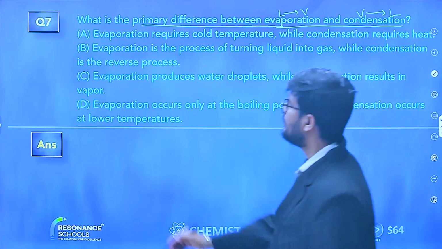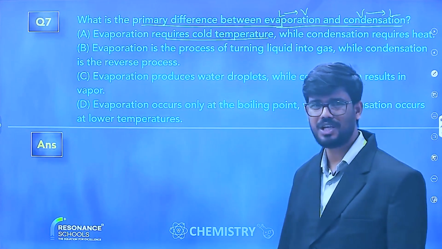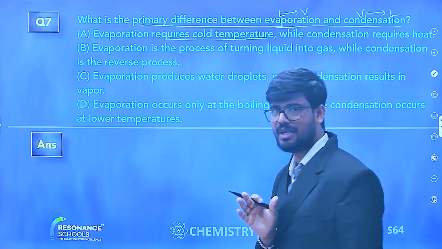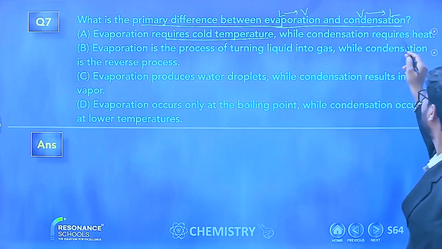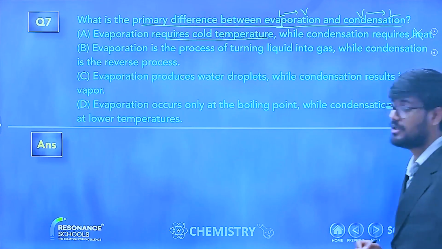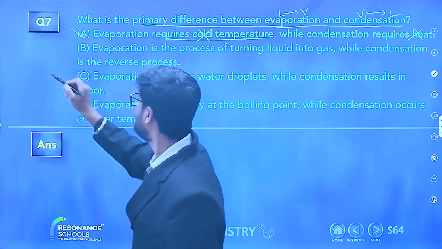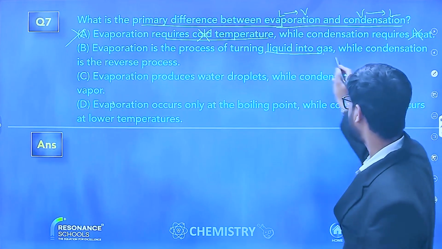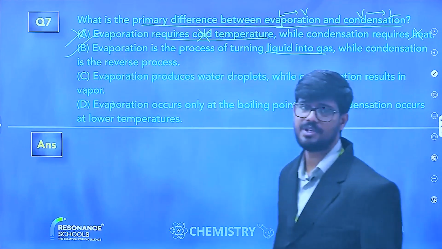Now read the options. Evaporation requires cold temperature. Cold temperature? No. Cold word you cannot use here, right? And while condensation requires heat, no. Condensation requires cold temperature and evaporation requires hot temperature. So that's why this option is wrong. Next, evaporation is the process of turning liquid into gas, correct? While condensation is a reverse process, correct. Option B is the correct answer here.